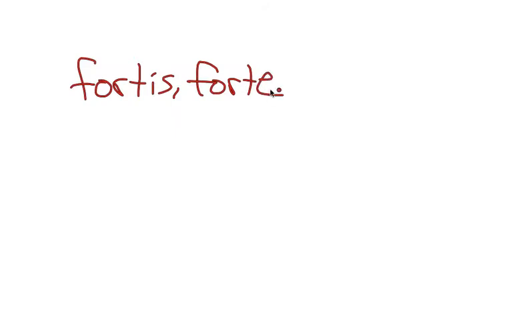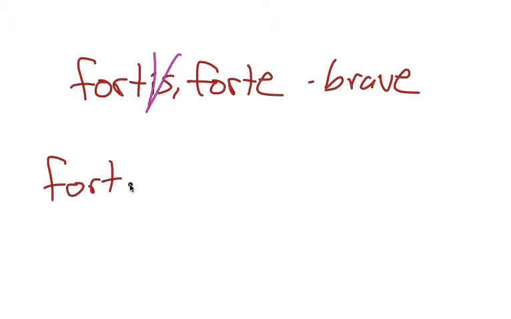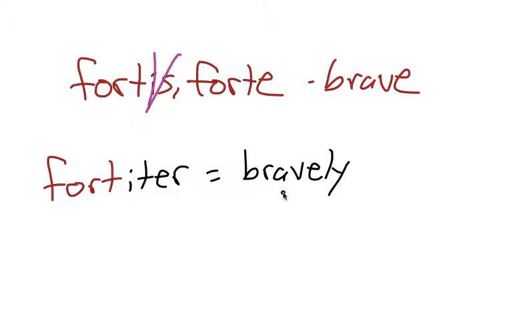Okay, let's do another example. We have fortis. Okay, fortis, forte, right, which means brave or strong. Okay, if we take off the is, gives us fort, and then we add iter, so fortiter, bravely. Okay, we'll do one more example.